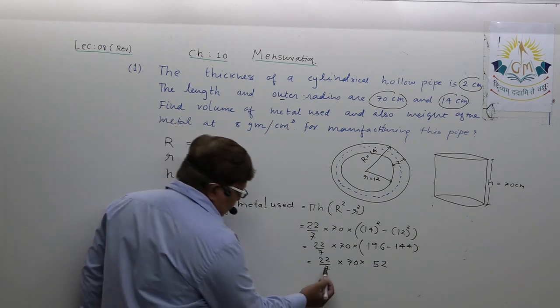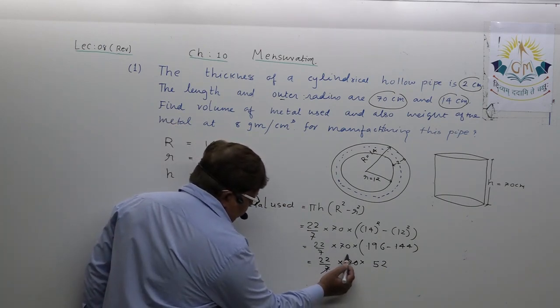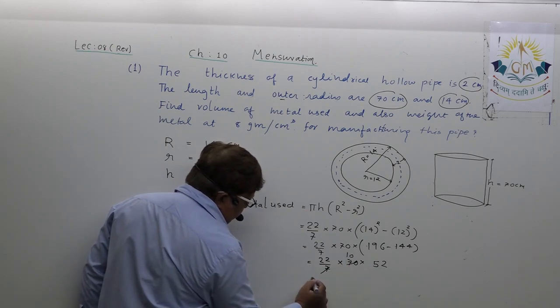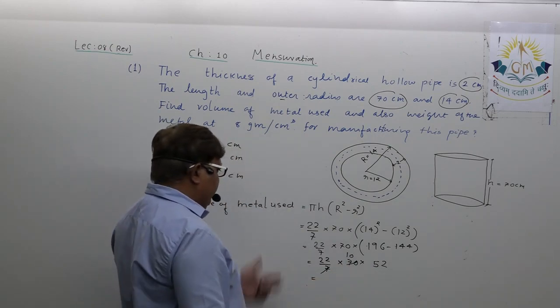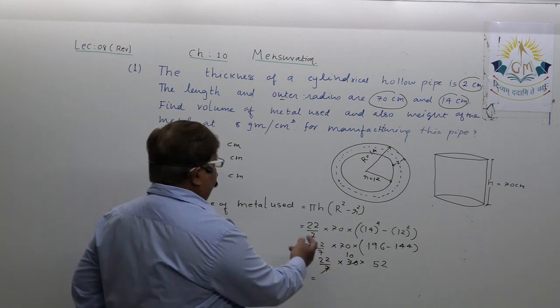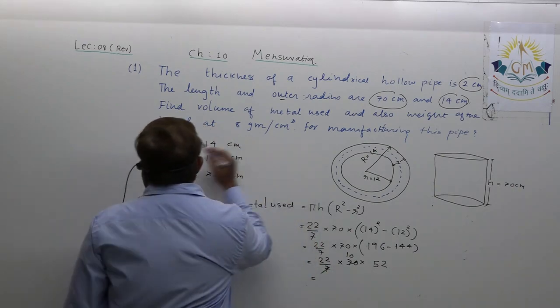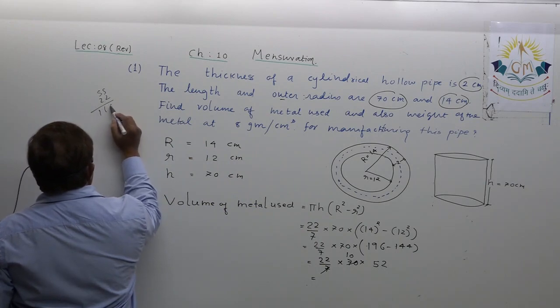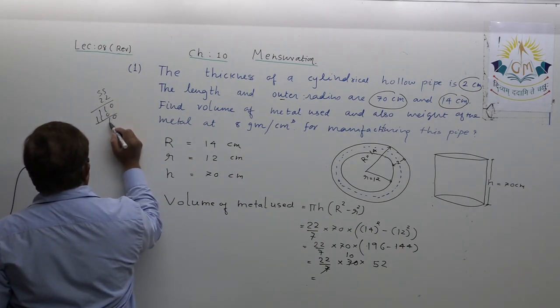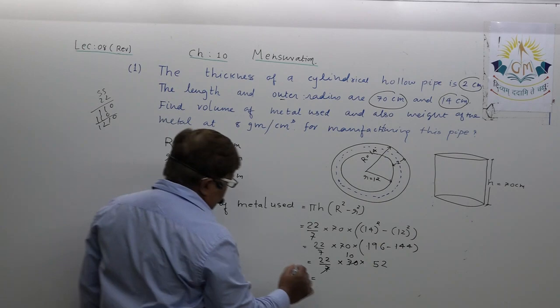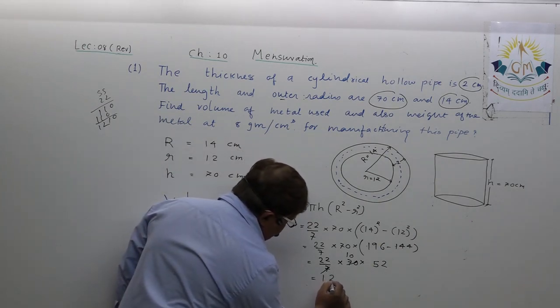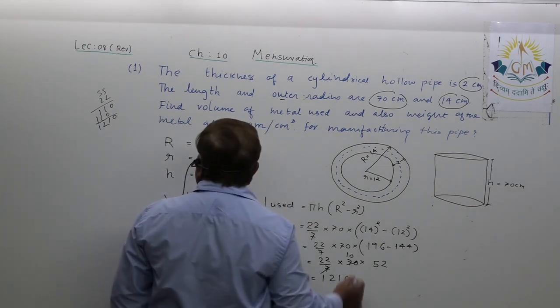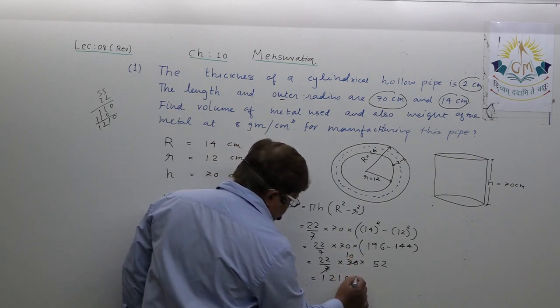One simple cancellation is possible, 7 and 10, and the rest you just need to multiply. 55 into 22, let us do it. 110, 110, 1210, and one more 0 because 10.